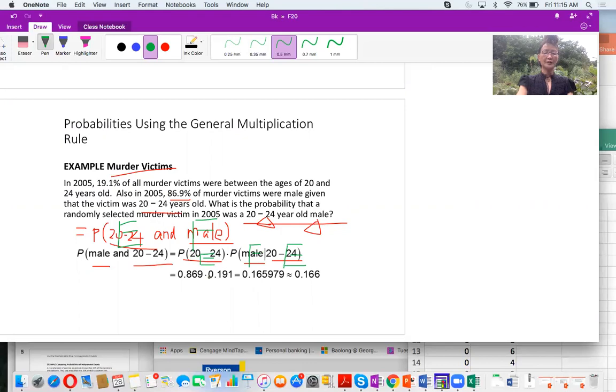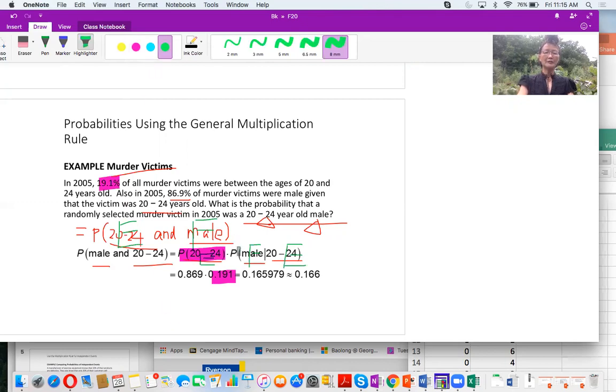So we know the probability of 20 to 24 years old is 19.1%.